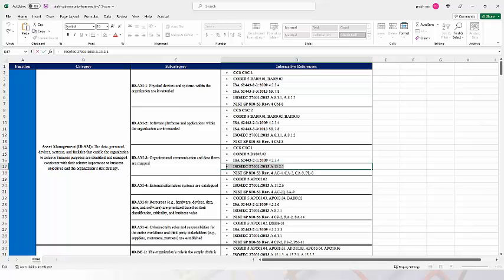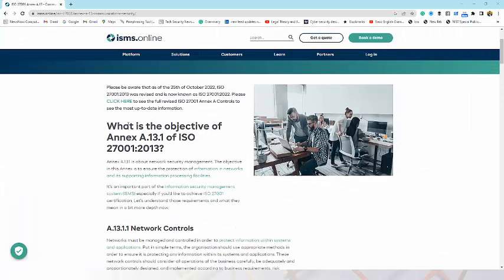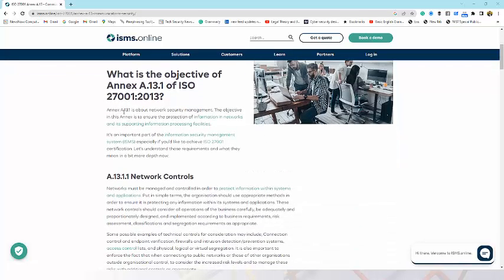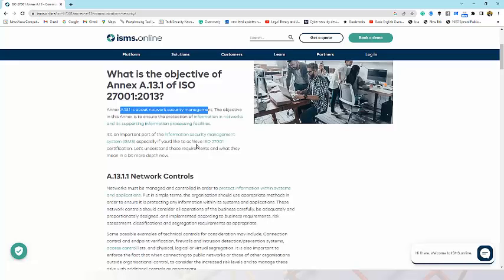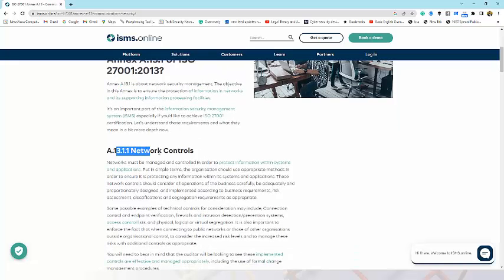If you go by the reference, it clearly says Annex A.13.1 is about network security management, and the objective is to ensure protection of information in the network and its supporting information processing facilities. So 13.1.1 is network controls: networks must be managed and controlled in order to protect information within the system.